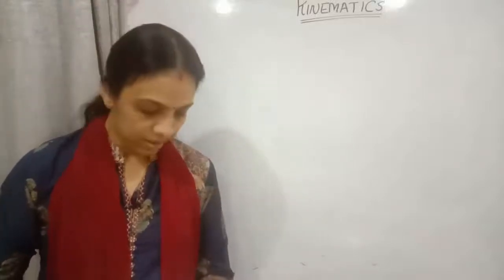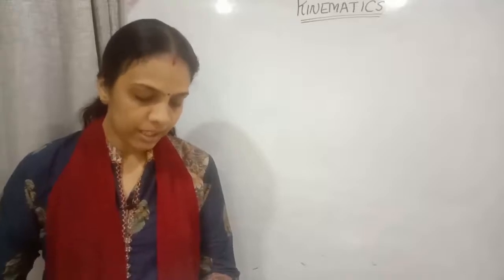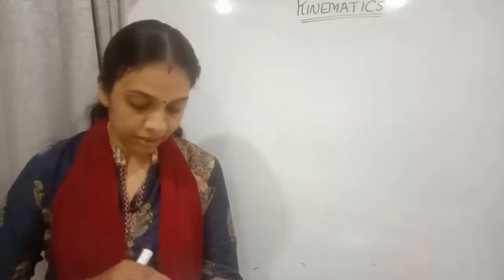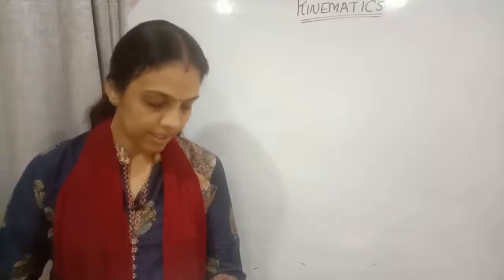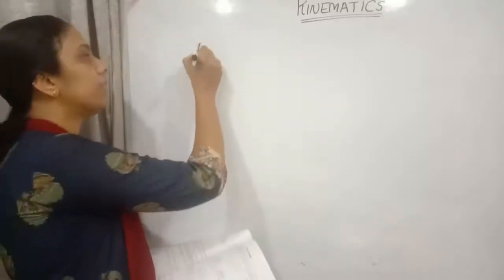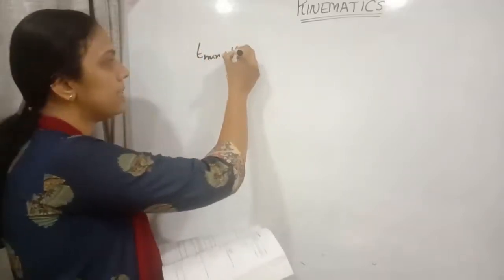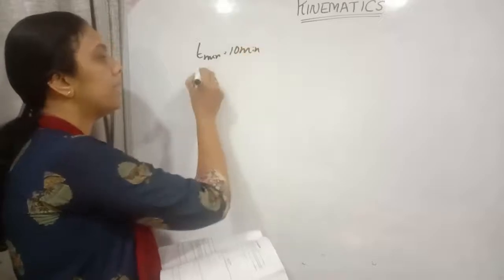The question was, a man crosses a river in a boat. If he crosses the river in minimum time, he takes 10 minutes with a drift of 120 meter.